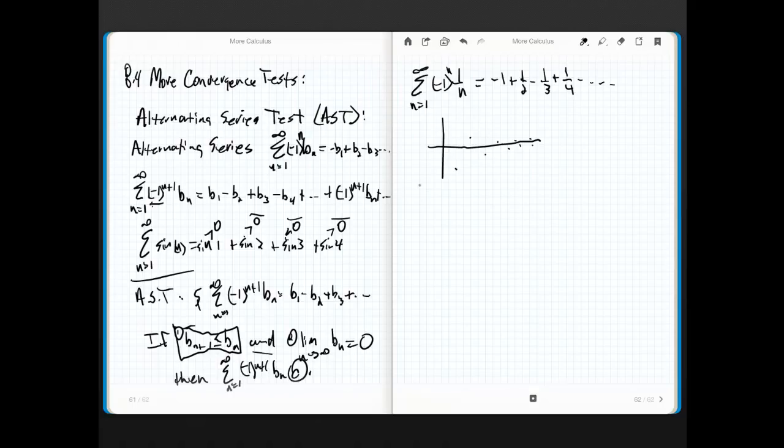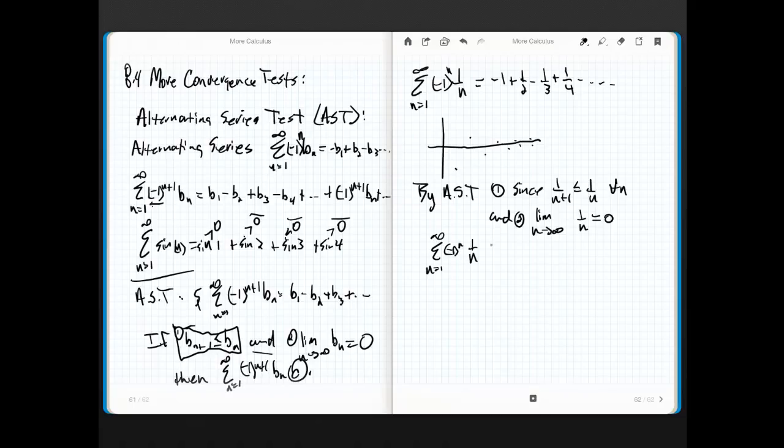So all that we're going to do is go by the alternating series test. By the alternating series test, 1, since 1 over n plus 1 is always less than or equal to 1 over n for every n, and 2, the limit as n goes to infinity of 1 over n equals 0, we know the sum as n goes from 1 to infinity of negative 1 to the n times 1 over n converges.